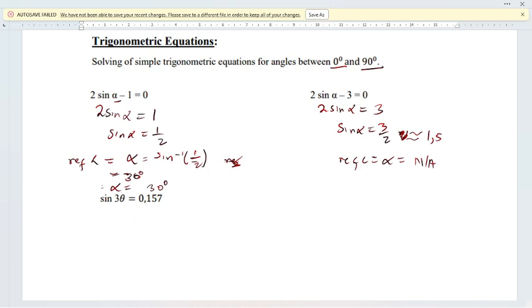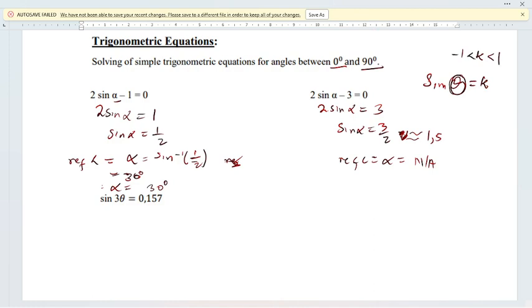So we are limited to 1 and -1 for sine and cos. Is that clear? If sin theta equals k, then k is always between -1 and 1.